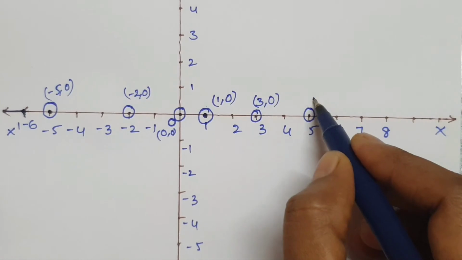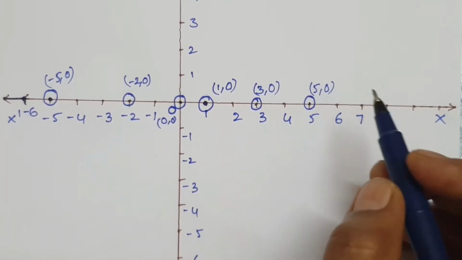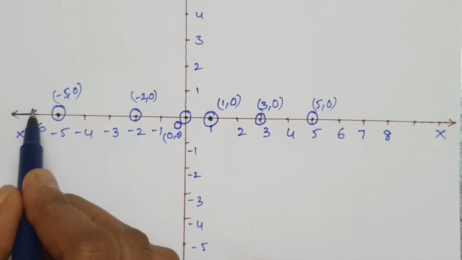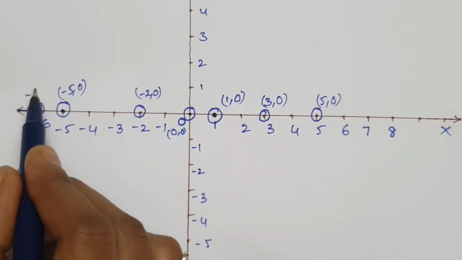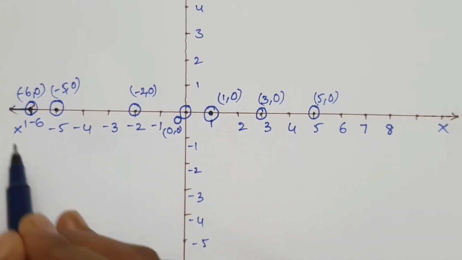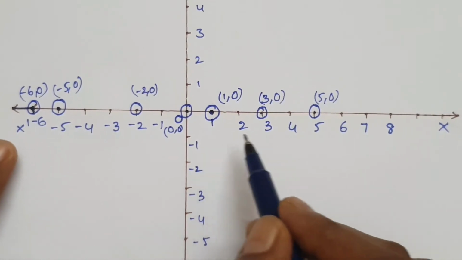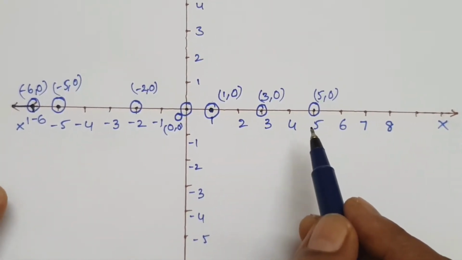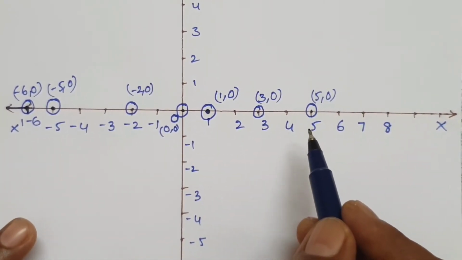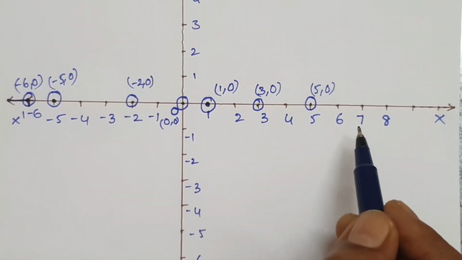What do you observe? The y coordinate of all points on the x-axis is 0.